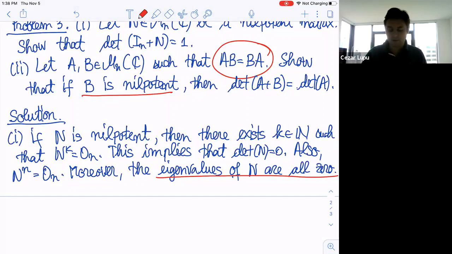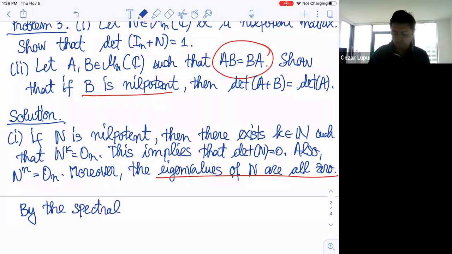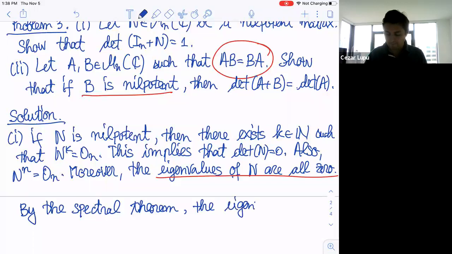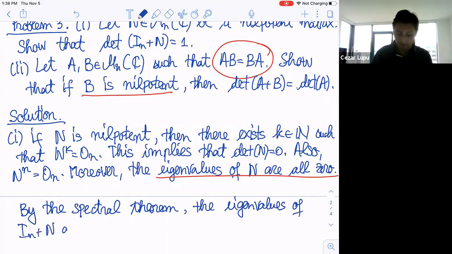So what can you tell me about, okay, now by the spectral theorem, the eigenvalues of the identity plus N are what?